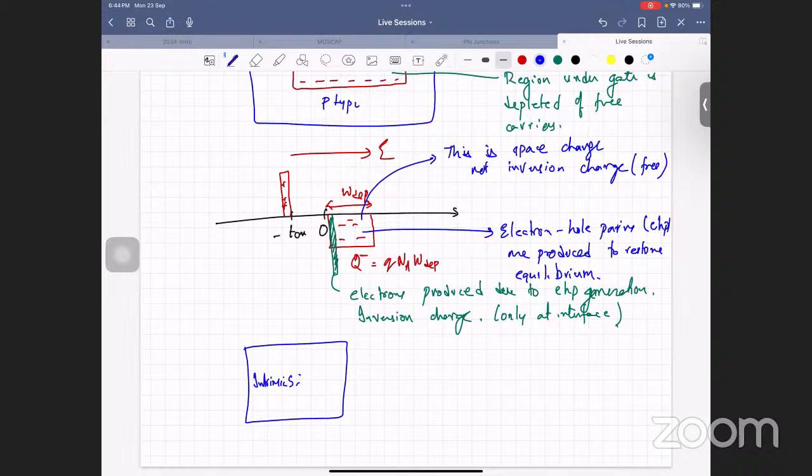N is equal to P equal to Ni, right? Which is equal to 1.5 times 10 to the power 10 per centimeter cube, isn't it? Correct. Why is this number 1.5?